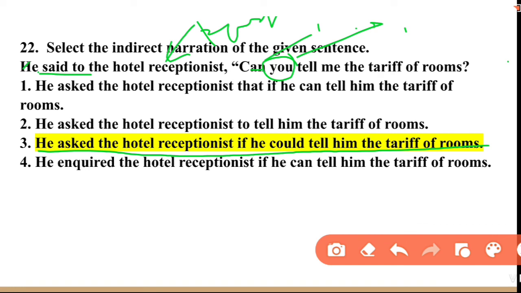"You" becomes "he", and "me" becomes "him", and so on: tell him the tariff of rooms.